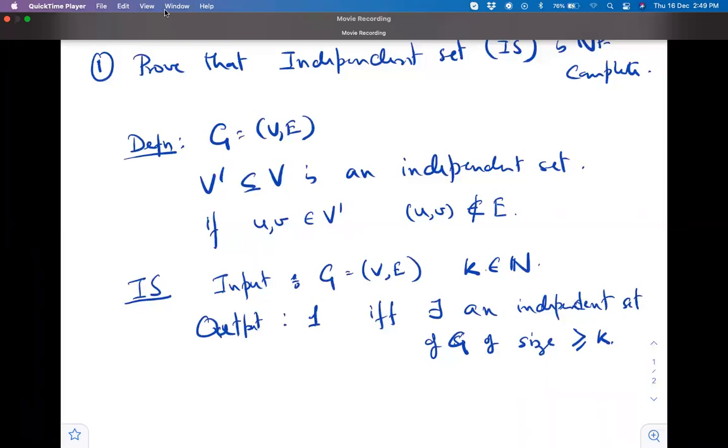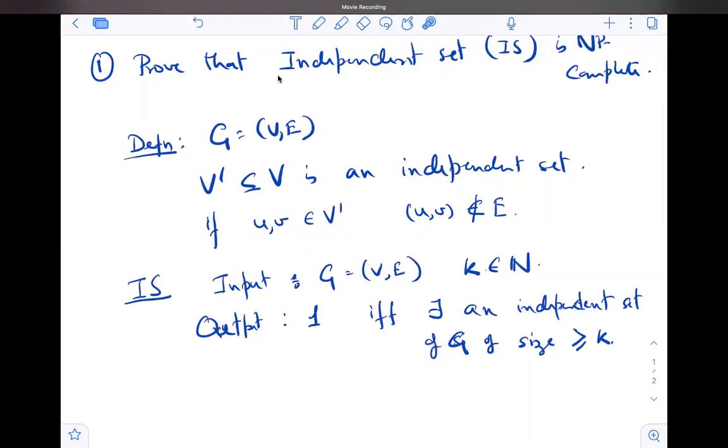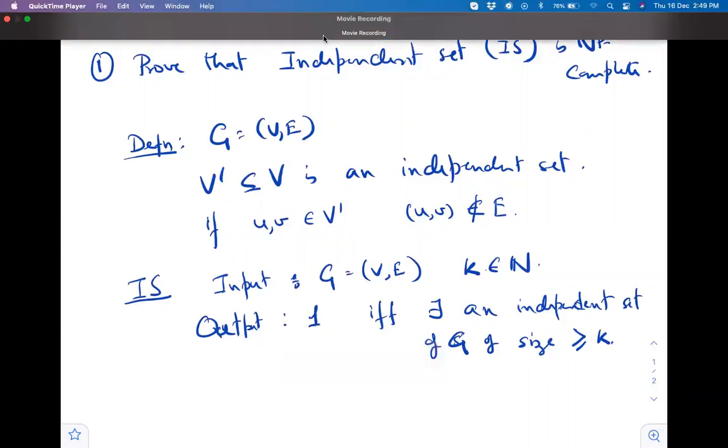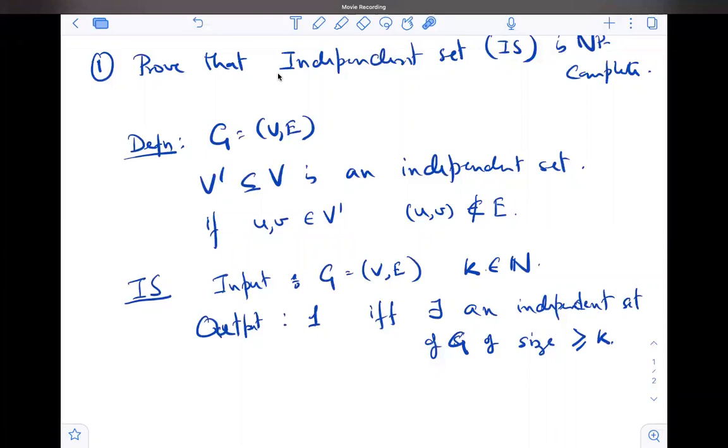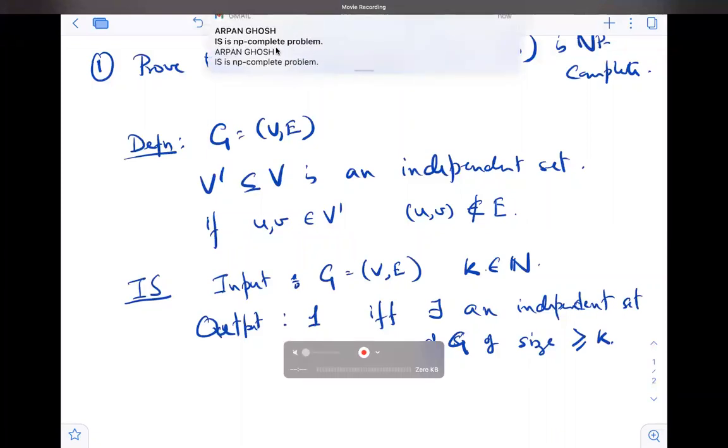Is the construction similar to what we did in ILP? I will discuss it in just 2 minutes. So let your friend submit.